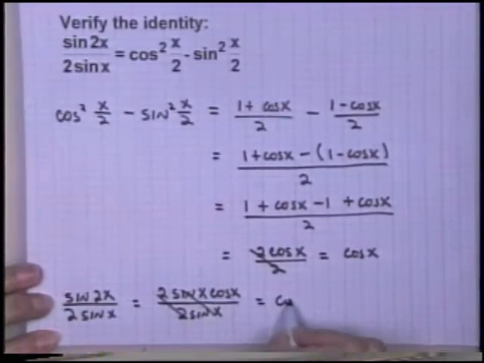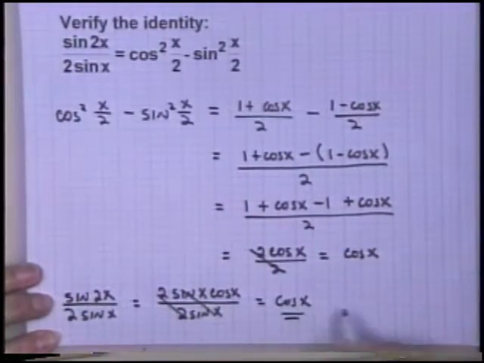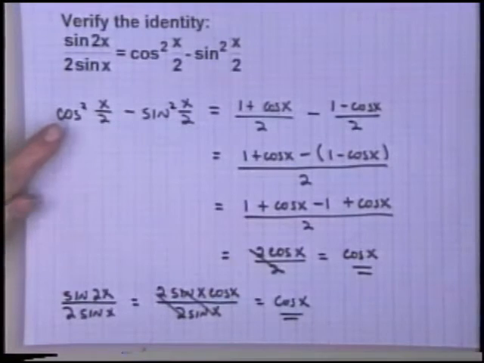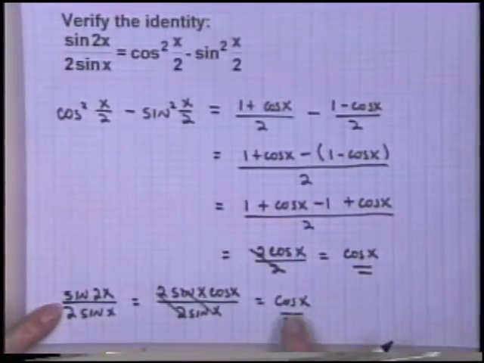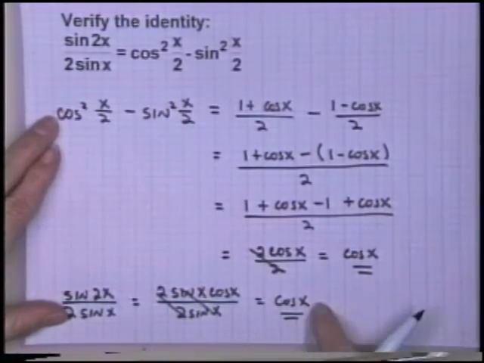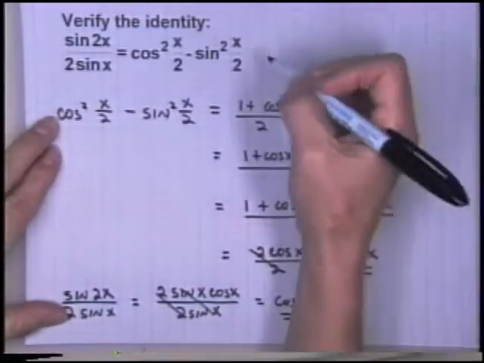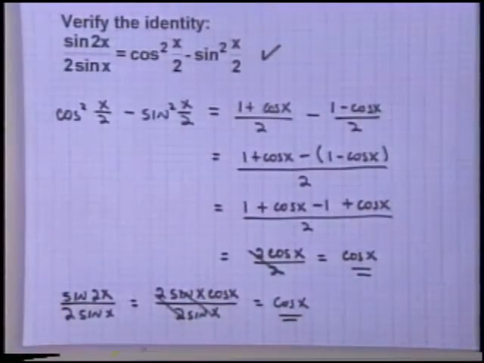Notice we can divide by the 2's and the sine x, and that simplifies to cosine x. So what have we done? We've shown the right-hand side is equal to cosine x. The left-hand side is also equal to cosine x. So since the two are equal to a common third side, they're equal to each other, and we have verified this identity.